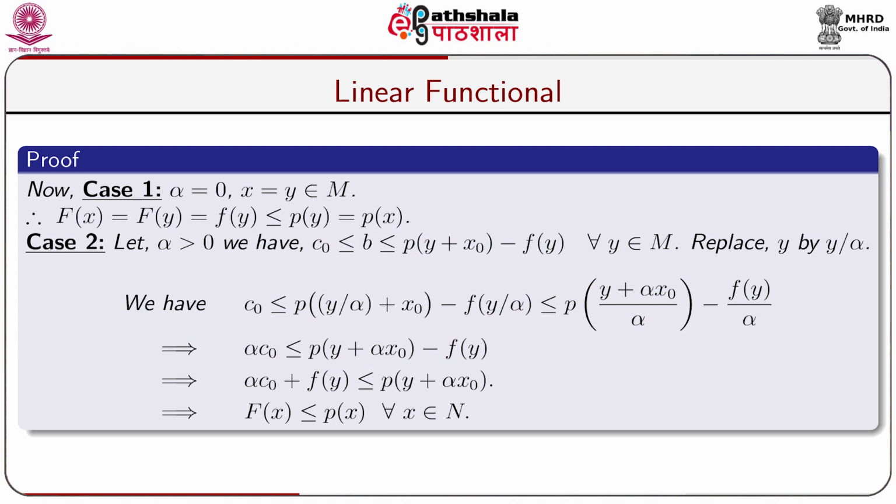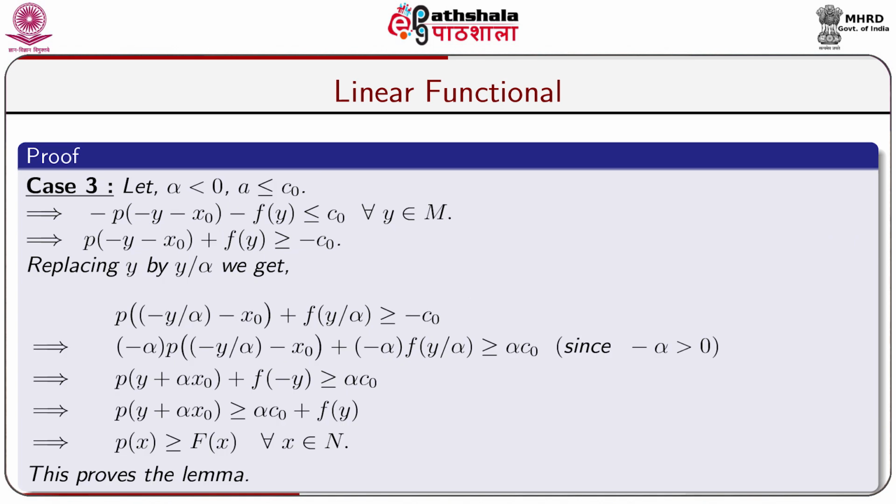So, this implies alpha C0 is less than or equal to p of y plus alpha x naught minus f of y by cross multiplication, which again implies that alpha C0 plus f of y is less than or equal to p of y plus alpha x naught. This implies capital F(x) is less than or equal to p(x) for all x belonging to capital N.